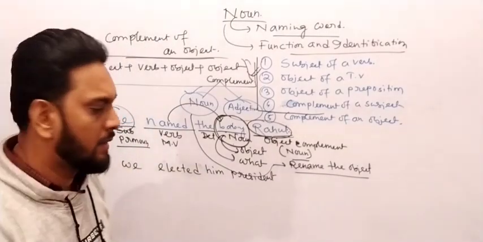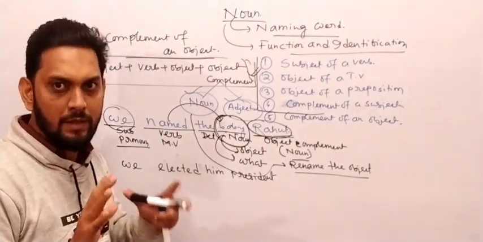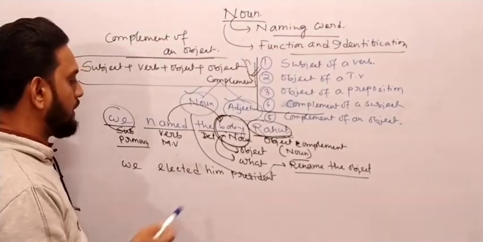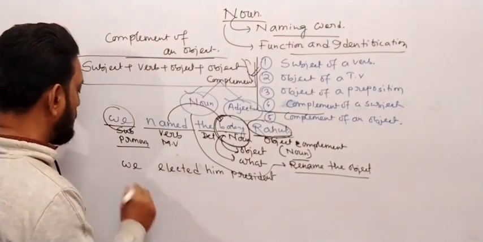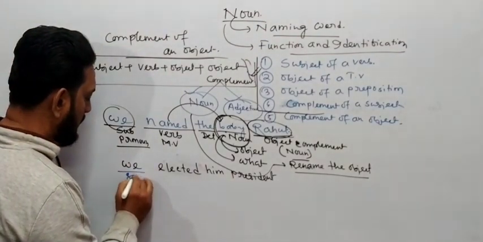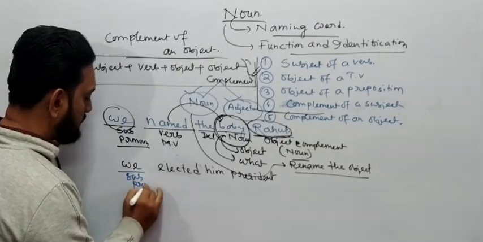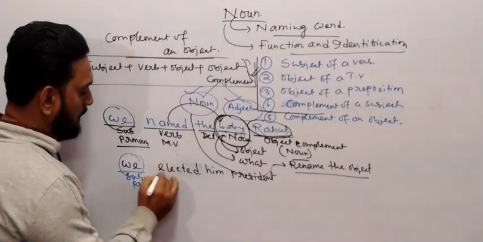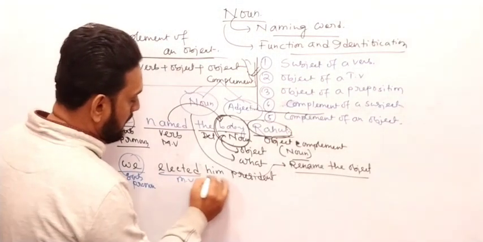I have not written club, but try to understand. We elected him president. Now here we is the subject and the subject is a pronoun, elected is the main verb, him is the object.